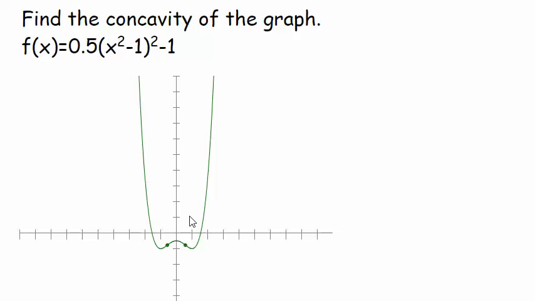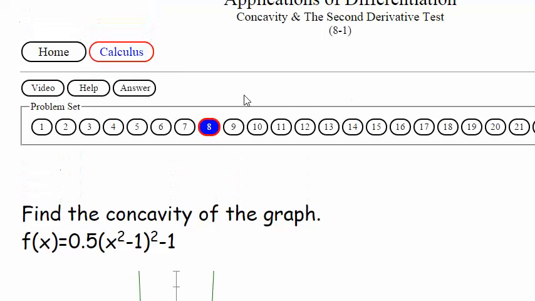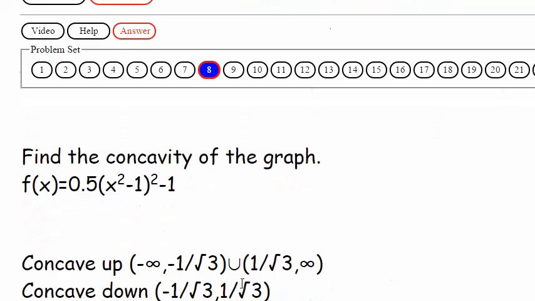What is 1 over the square root of 3 anyway? It's 0.57. That looks like about a half right there, 0.5. Anyway, let's click that and hold our breath here. Right, negative infinity to negative 1 over the square root of 3, concave up, union 1 over the square root of 3 to infinity.